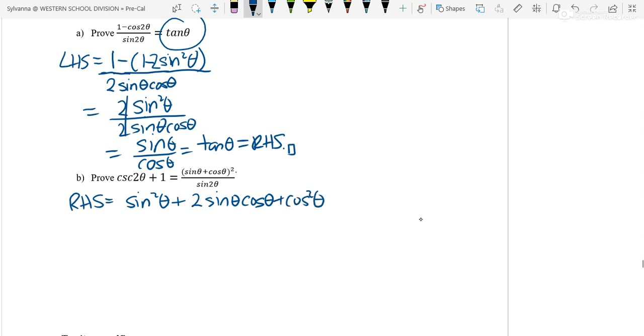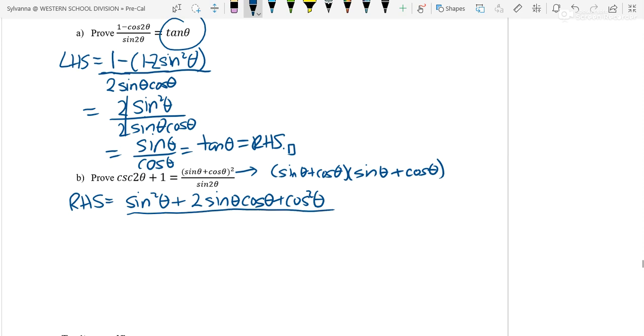So all I did was expand this already because that's sine theta plus cos theta times sine theta plus cos theta. I just did my rainbows there to get this numerator.